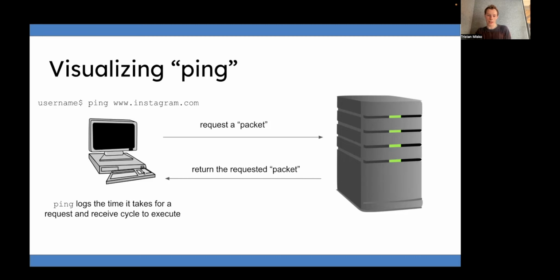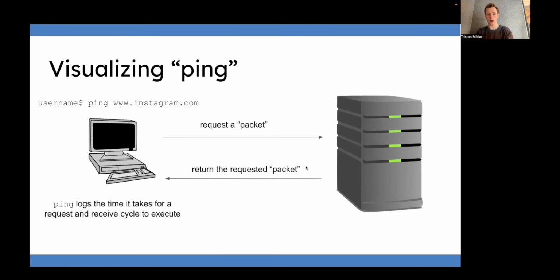It will send you back the information you want, which is the front page of Instagram. And ping is actually going to log the time it takes for a request and receive cycle to execute. And this time matters because, if you've ever had really bad connection to something, this time can be really long and it takes forever to load. And that's really bad for the user experience. So Instagram wants this time to be really short, and you as the user want this time to be really short so that you can get a lot of information really quickly and it doesn't take 10 minutes to load a single photo. But early internet, that would definitely do that.